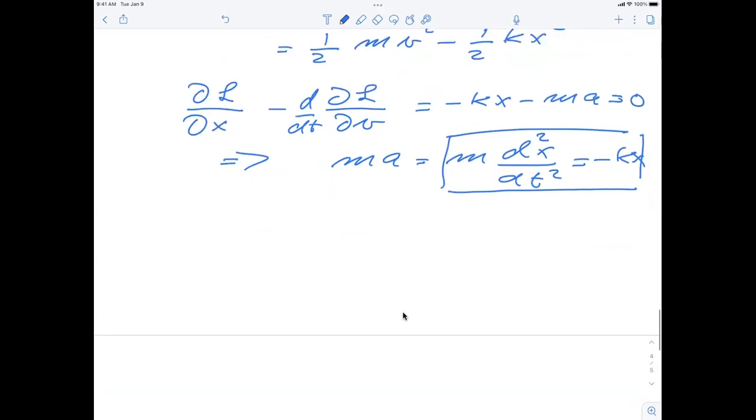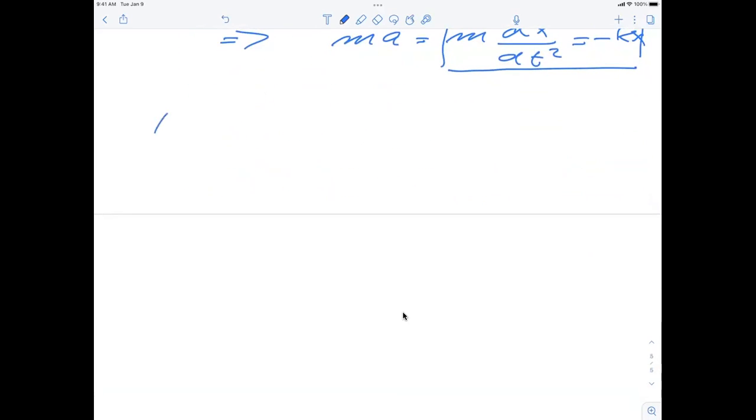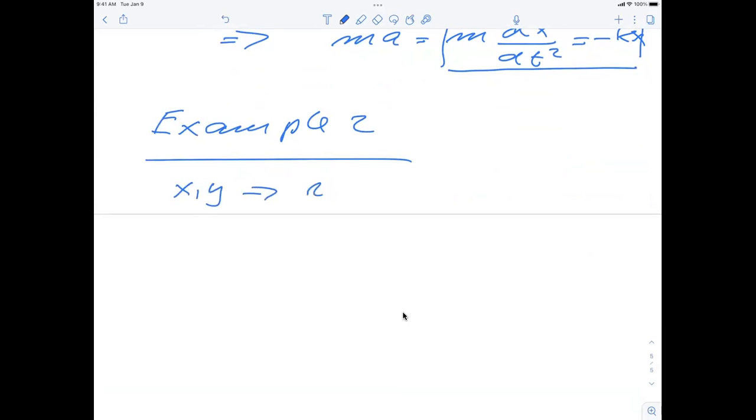So, example 2 here. What we did in that case is that we had a transformation from x and y, and we went over to r and phi.